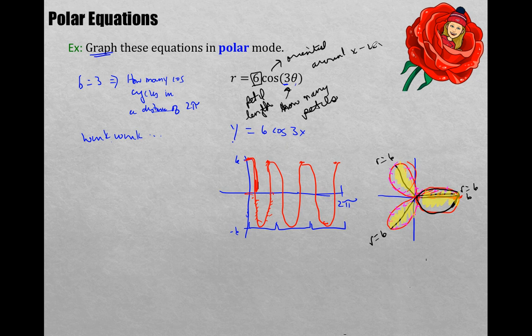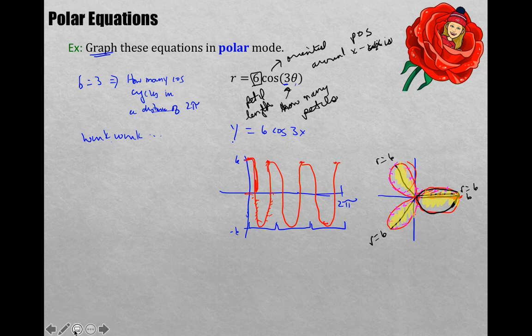Now, not all of them are, but in the positive x-axis it is. The quote-unquote first petal. Crazy, right? It's a pretty equation and it's a pretty graph.